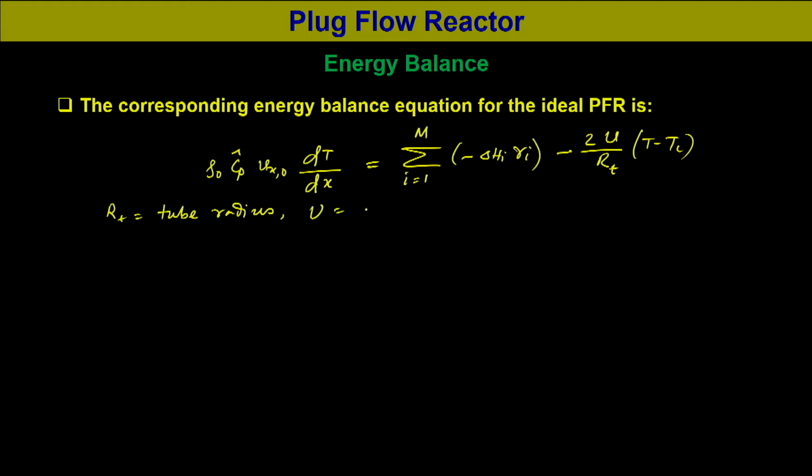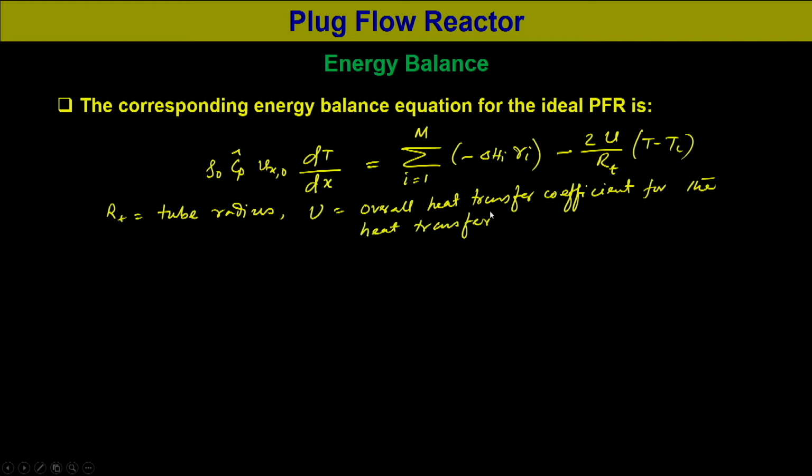U is the overall heat transfer coefficient for the heat transfer through the tube wall.